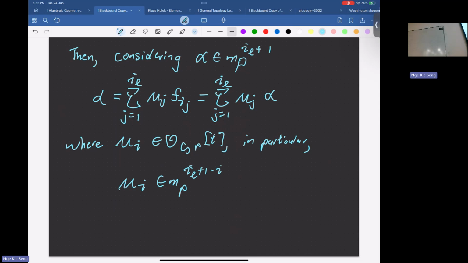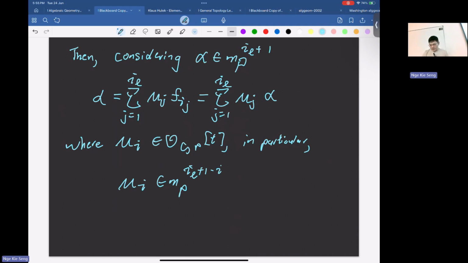Because you need to remember, you live in M_P^k, so the exact form of f is T to the power k. If I say that alpha lives inside M_P^{i_L+1}, it should be in some form of T to the i_L+1. But previously you need to fill up all these i_j, so to make sure that this whole term also lives inside M_P^{i_L+1}, the powers need to match up. Okay.